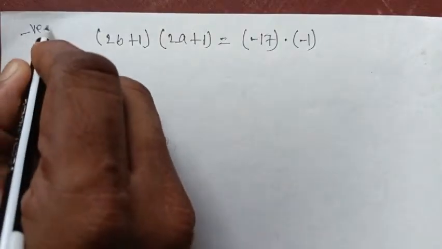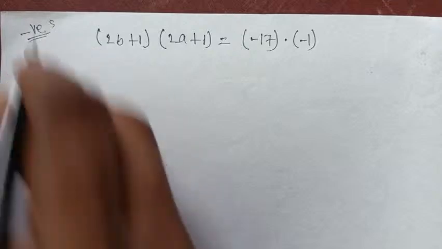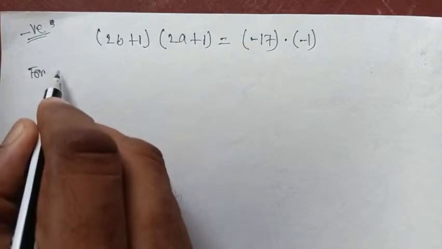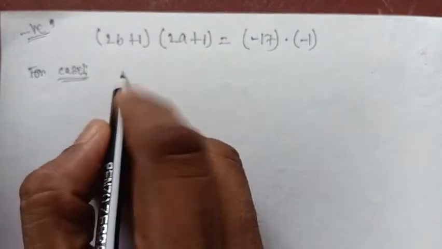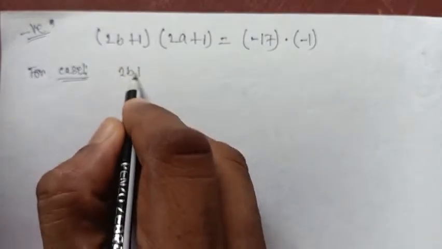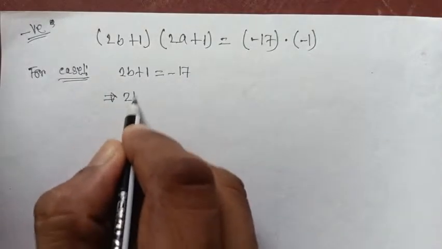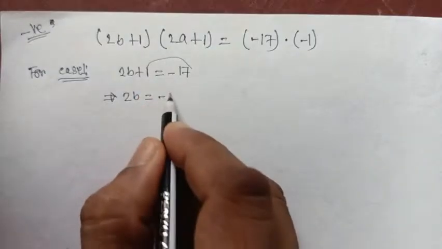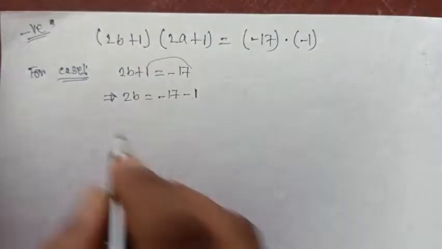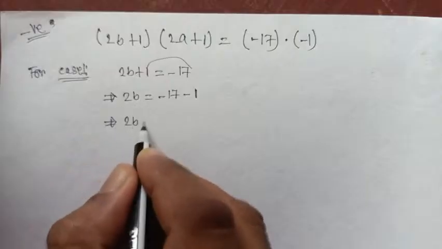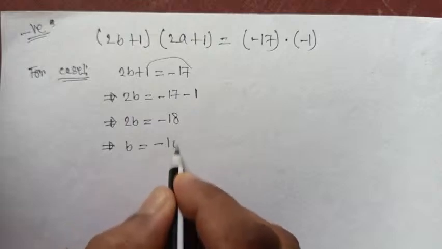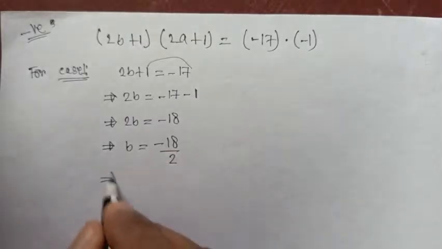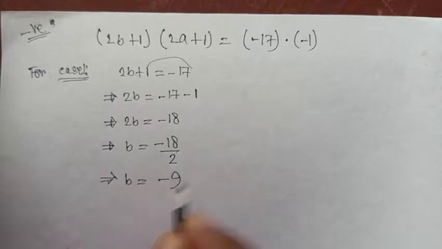For case 1, for the negative scenario, if we take 2b plus 1 equals minus 17, then if we move that 1 to the right-hand side, that will be minus 1. Now 2b equals minus 18, and b equals minus 18 by 2, so b equals minus 9.